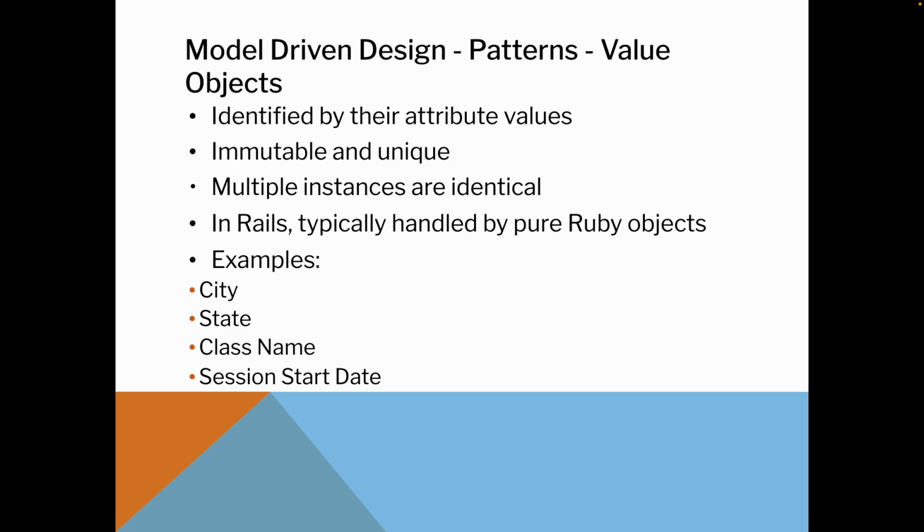So what are the benefits of value objects? I'm trying to remember what that part of the system was. Addresses, I think. Because addresses are identified by their street, city, and state, or province. And if you take the same exact values and build the address twice, it's the same address.